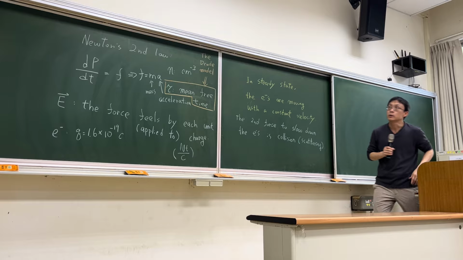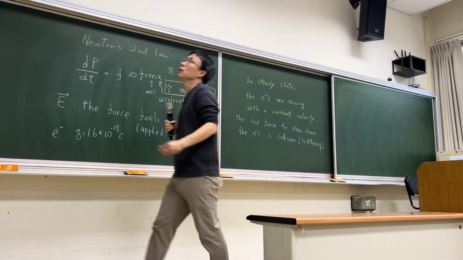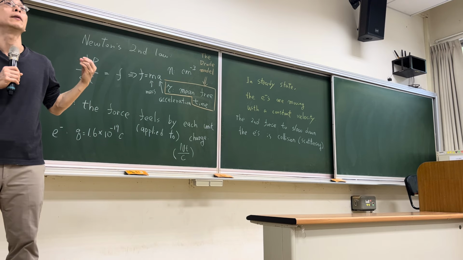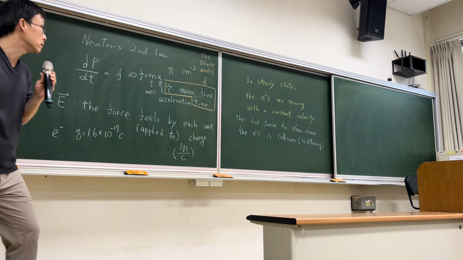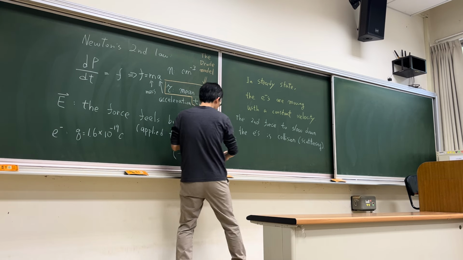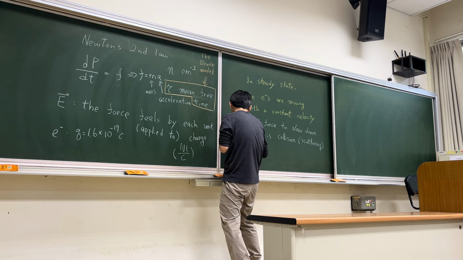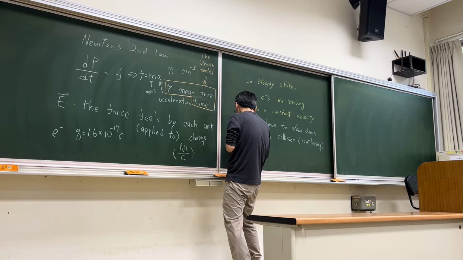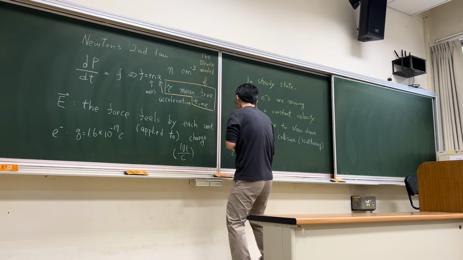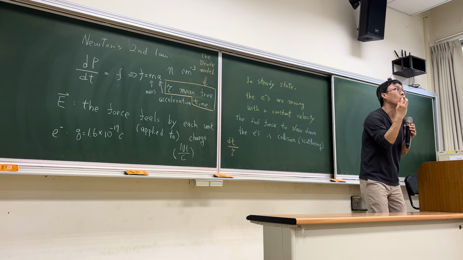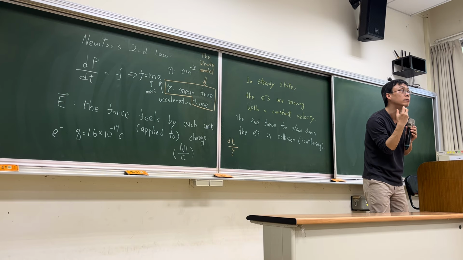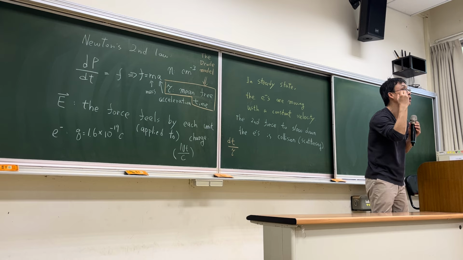So here we introduce a ratio or a probability given by the first red box at the top. What is this? dt divided by tau. That's a ratio without any unit, because you are dividing time by time.